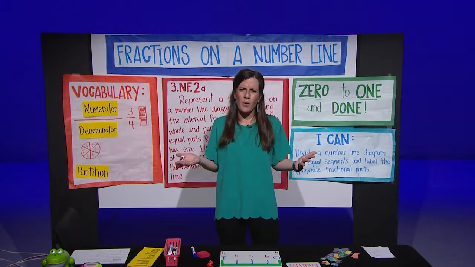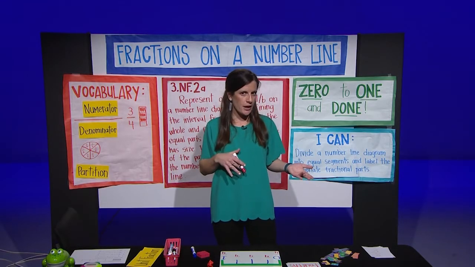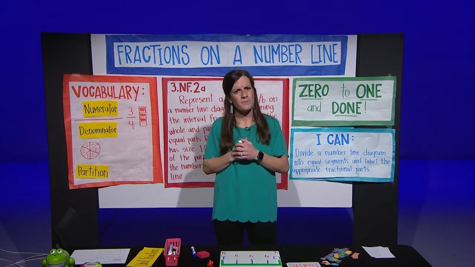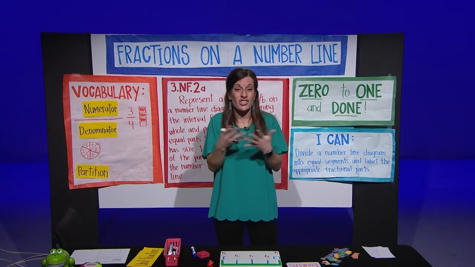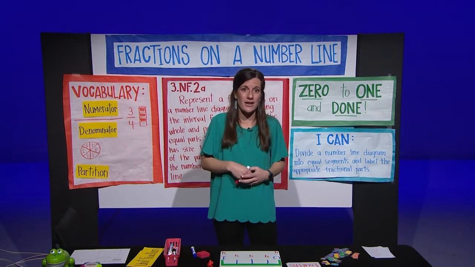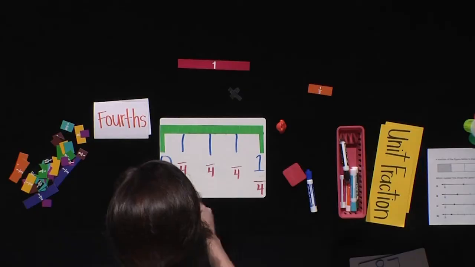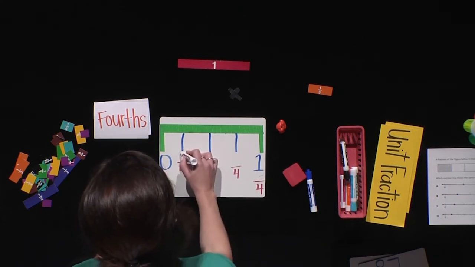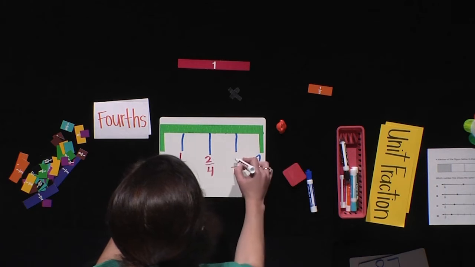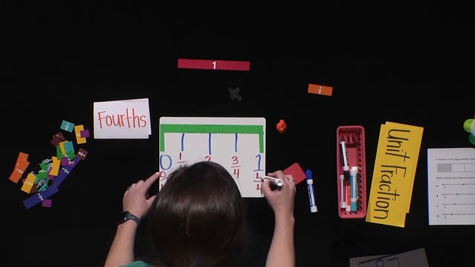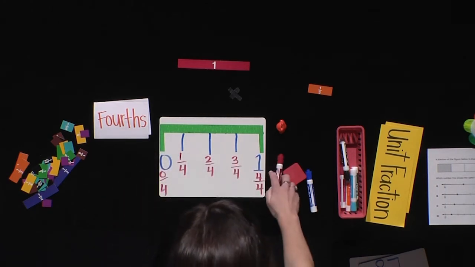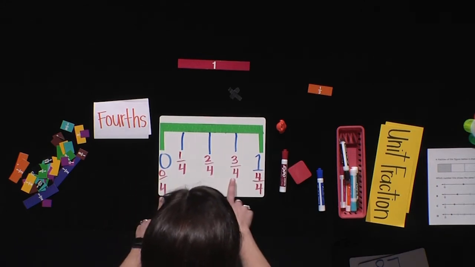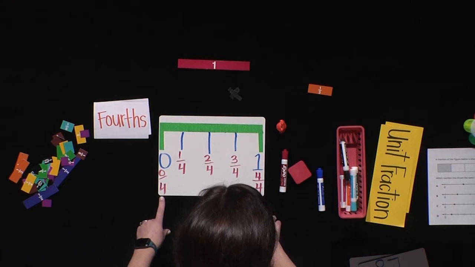Do you remember how we can label the numerator after we found the denominator down on the bottom? Excellent. You just simply count. So let's go back to our number line and label our numerator. If we haven't gone anywhere, it's just 0. And then 1, 2, 3, 4 parts. And we would say 0 fourths, 1 fourth, 2 fourths, 3 fourths, and 4 fourths.